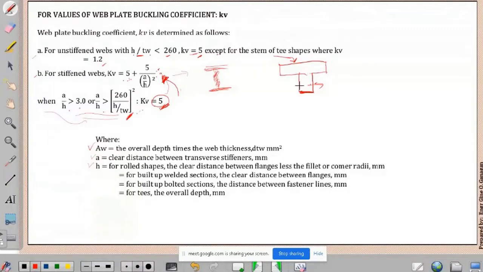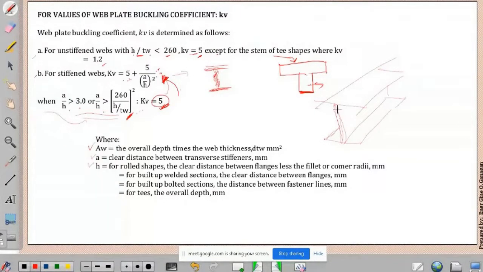For example, meron tayong I shape. Yan. So pagka mahina yung ating beam against shear, yung web natin, ang ginagawa natin dyan is nire-reinforce natin siya.